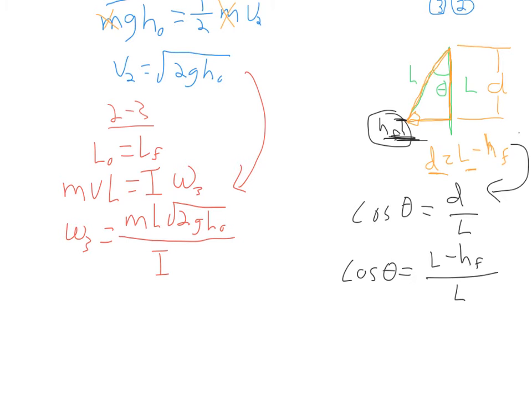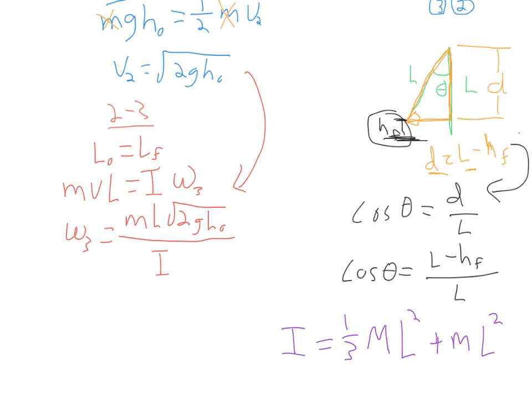So, the I in this case, maybe I'll step off to the side and switch to a new color over here. The I is going to be equal to I of the rod, which we've learned is 1/3 M, the mass of the rod is capital M, times L squared, and the inertia added by the block can be thought of as a point mass at a distance L away, so it's going to be plus little m L squared.